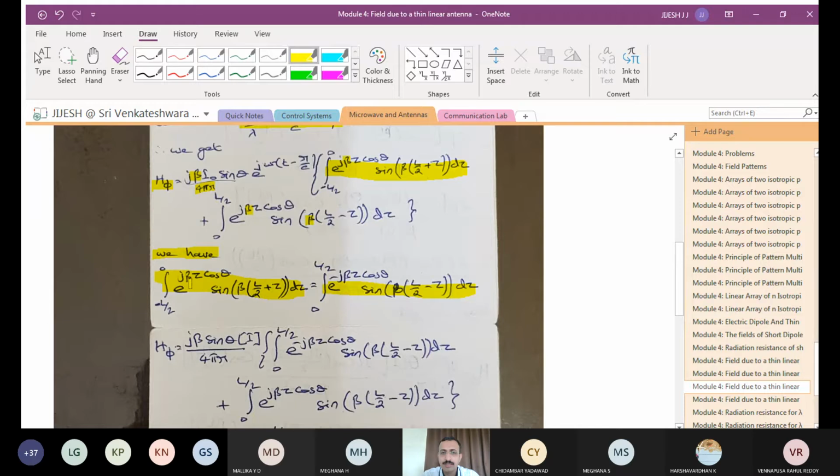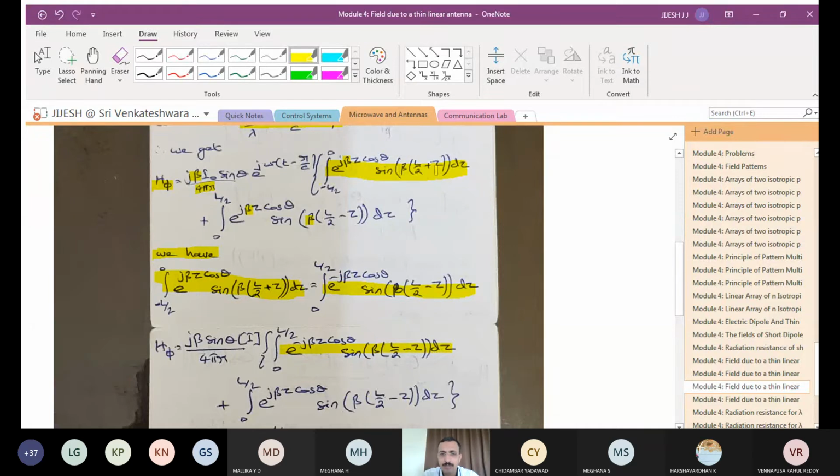So when this term is equal to this term, let me substitute it: instead of this term I am going to use the integral from 0 to L by 2 of e to the power of minus j beta z cos theta sine of beta L by 2 minus z dz. I am going to replace this term by this term. The rest of the things are the same, no need to bother about the rest of the portion.